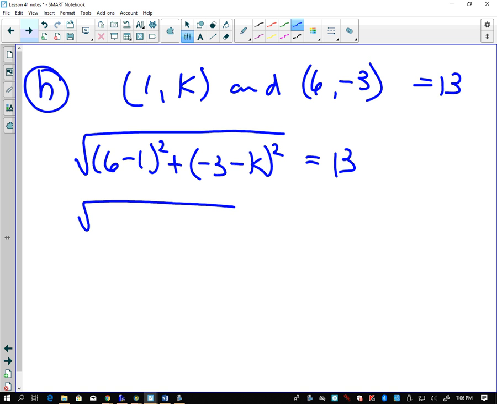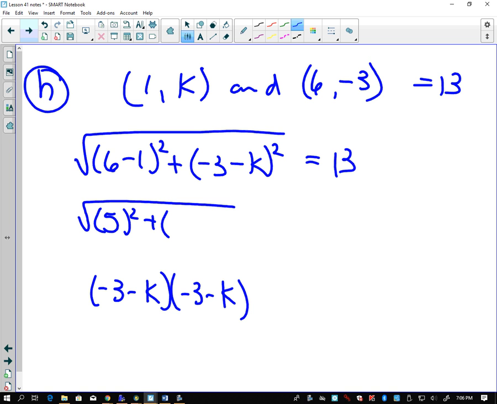Let's keep going here. We got 6 minus 1 is 5 squared, plus negative 3 minus k squared, which will actually come out as a FOIL. What you're looking at is negative 3 minus k times negative 3 minus k.